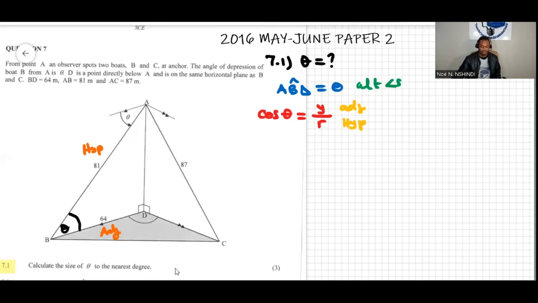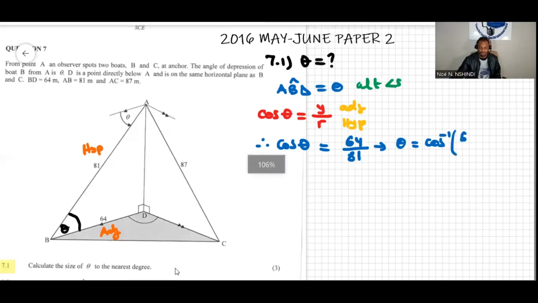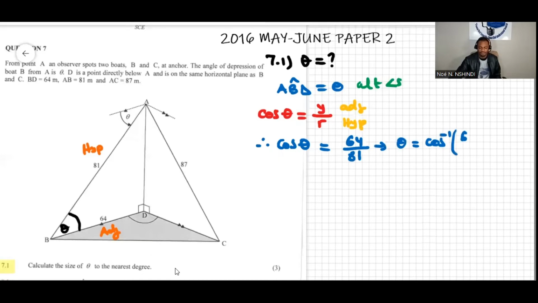Therefore, cos of theta will be equal to the adjacent side, 64, over the hypotenuse, 81. Now, to find theta, we enter in the calculator cos minus 1 of 64 over 81.